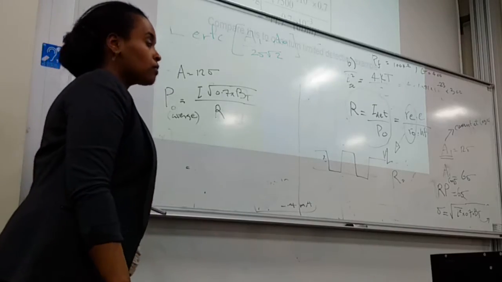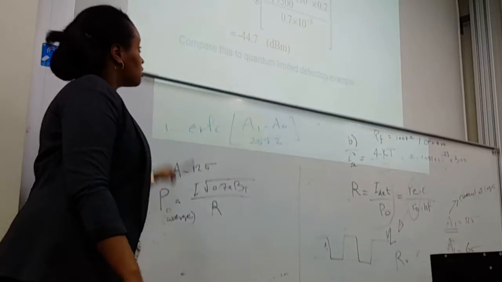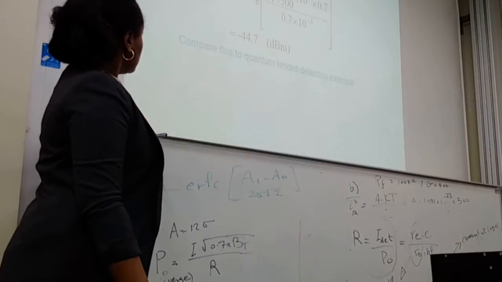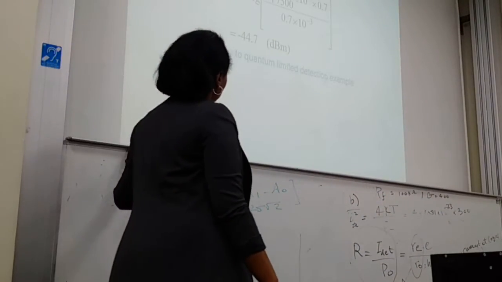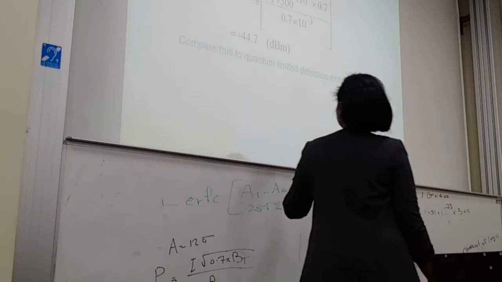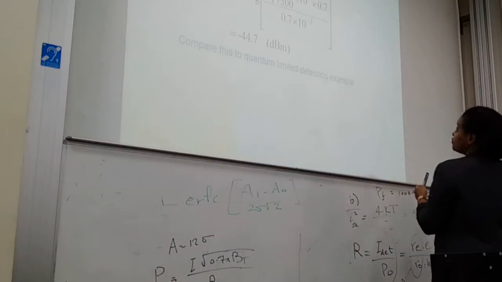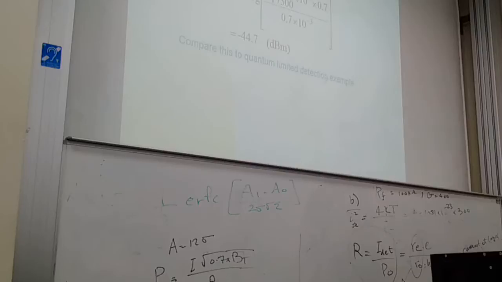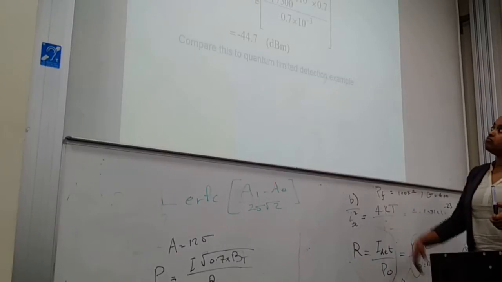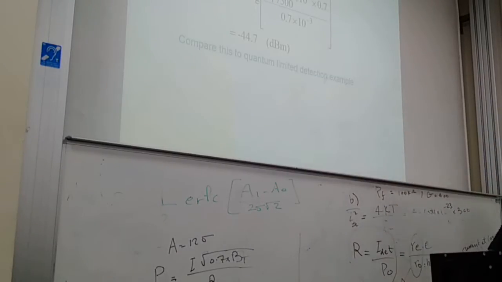In this example, we have a transimpedance receiver dominated by thermal noise due to RF of 7.5 kilo ohms, a responsivity of 0.7 amp per watt, and a bit rate of 10 megabits per second. Then we can calculate the average power, as you can see.